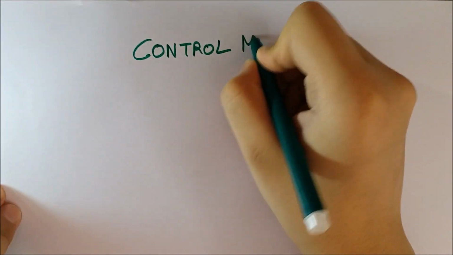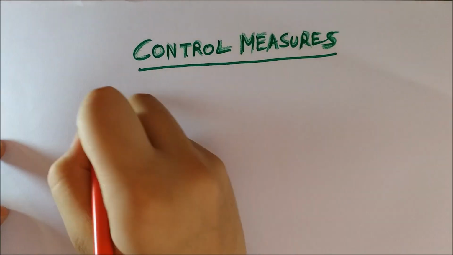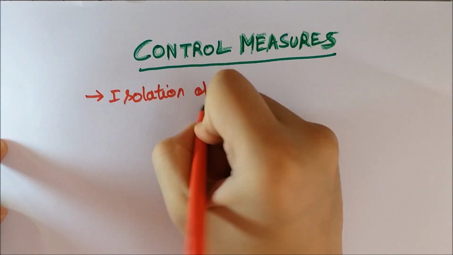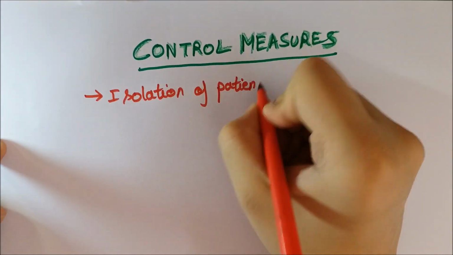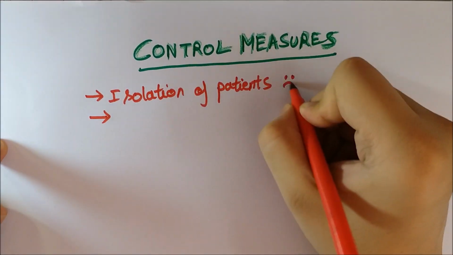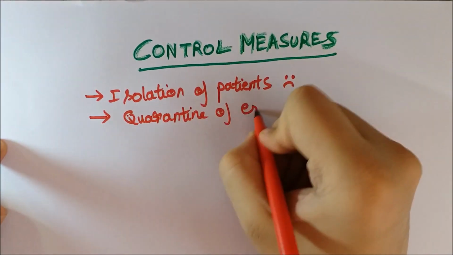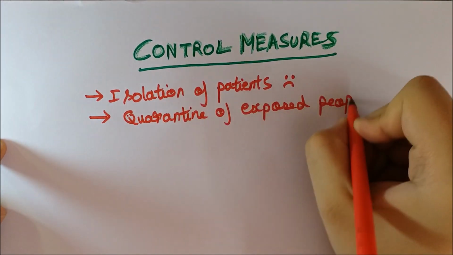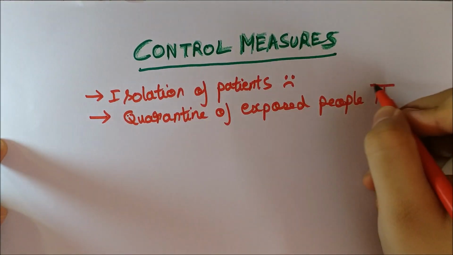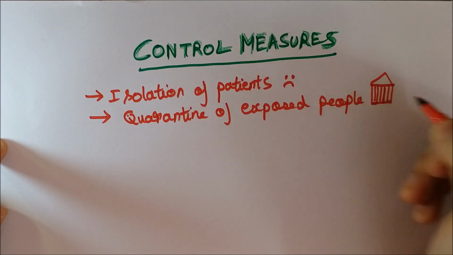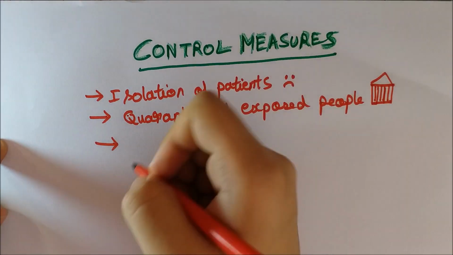Now let's discuss the control measures we can utilize to control the coronavirus outbreak. Number one, first of all, we have to isolate the patients who have COVID-19 infection. Secondly, we have to quarantine the exposed people who have come into contact with the infected patients or corona infected people.